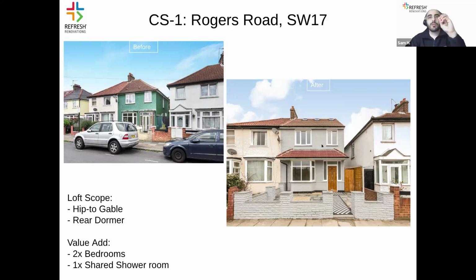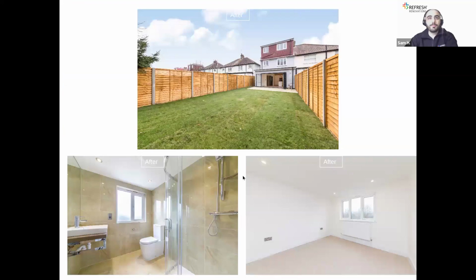We'll be focusing here on the loft element of it. So the scope was altering the roof from what it currently was to a hip to gable. That would give us the space for a staircase, and then adding a rear dormer that would allow for, in total, 2 bedrooms and 1 shared shower room at that level.